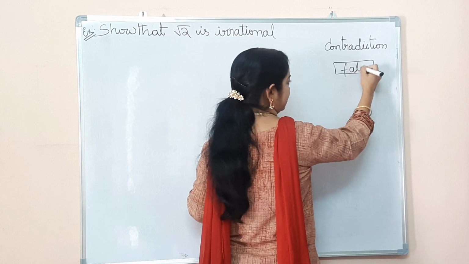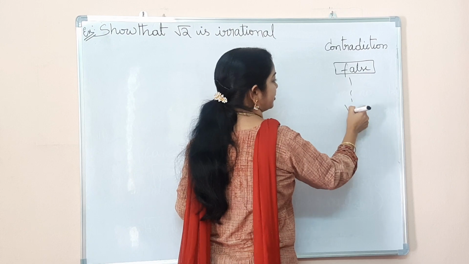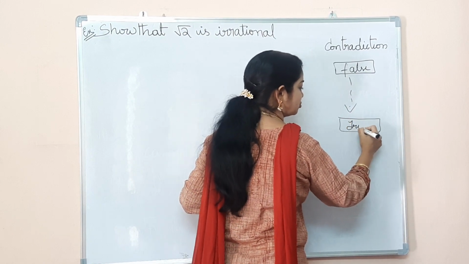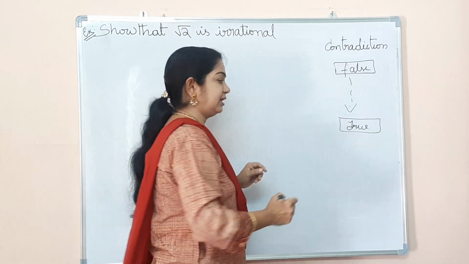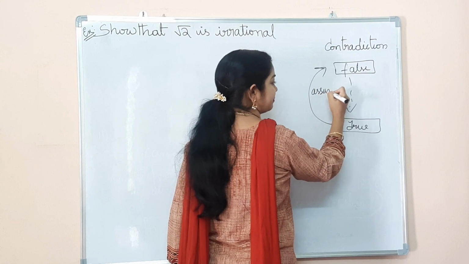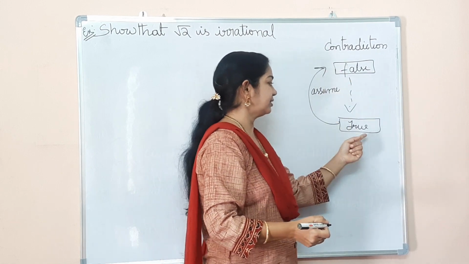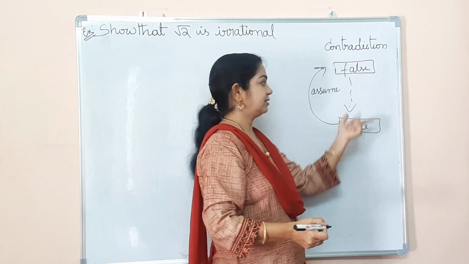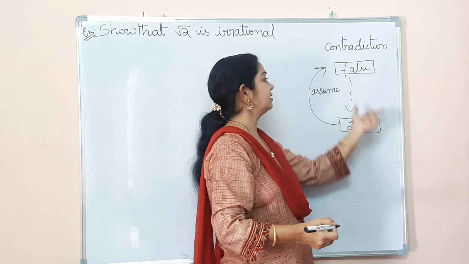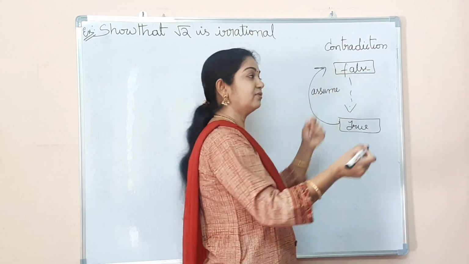Through a process, I got the statement as true. That means my assumption, what I supposed, is contradicting my proven thing. That means the fact is that what I have taken as false is wrong. Then what is right?